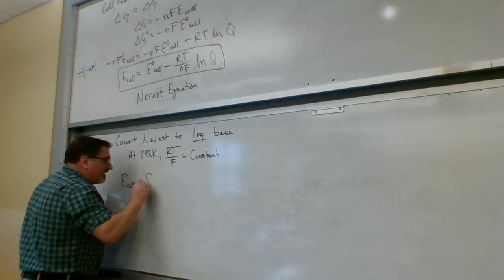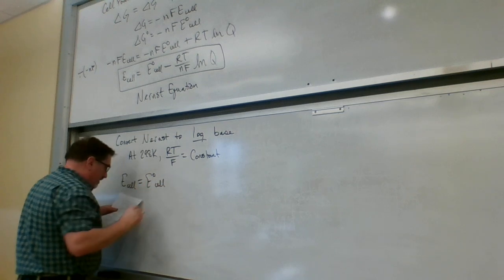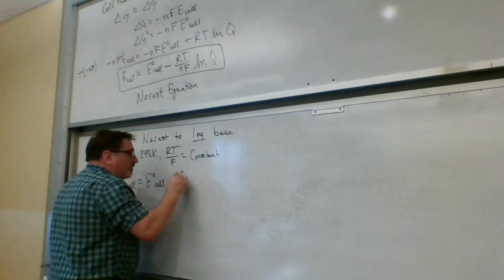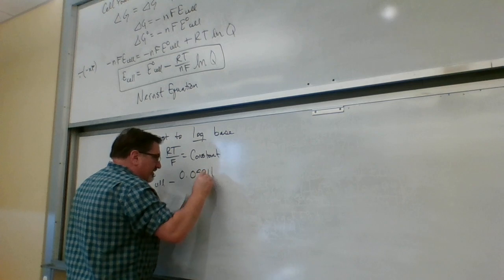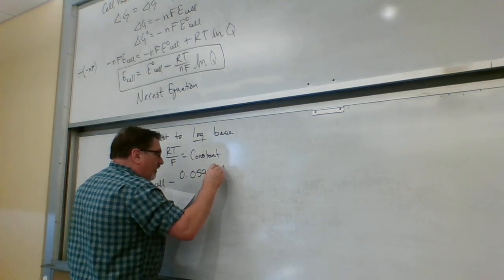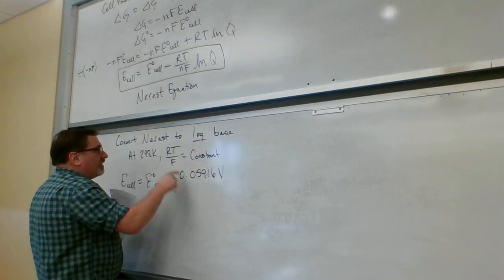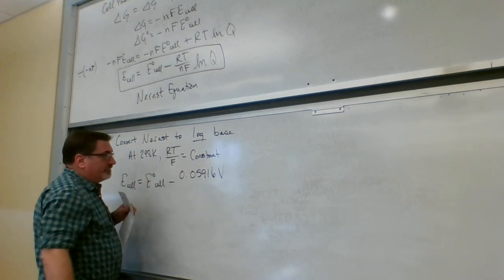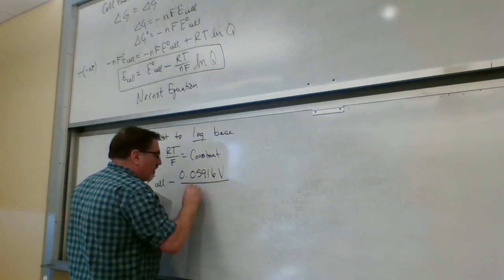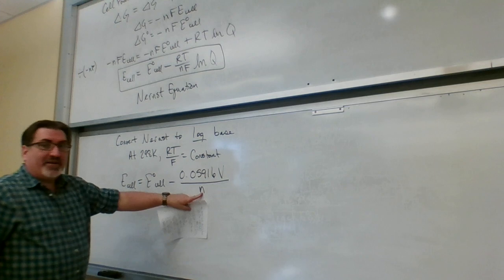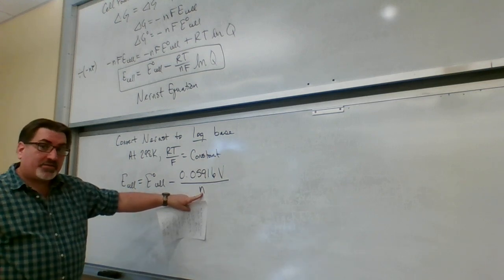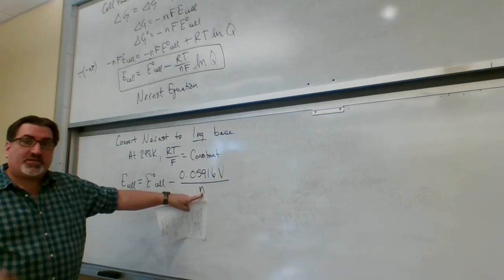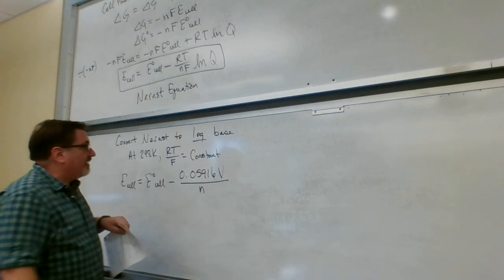So Ecell is E0 for the cell minus 0.05916 volts. That's what you get when you put RT and F together, over N. N is going to vary but be constant for a particular reaction, but you have to go case by case. Is it a 2 electron, 6 electron, 3 electron, or whatever?